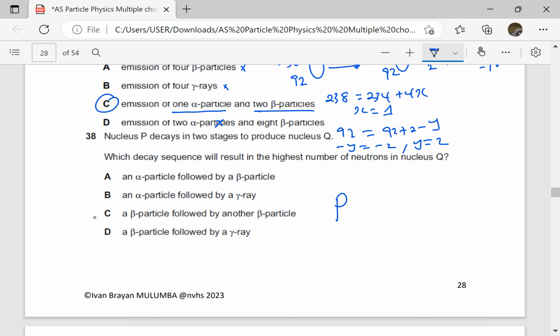Let's see. If P decays by emission of an alpha particle, so alpha is 4, 2, to produce nucleus Q.